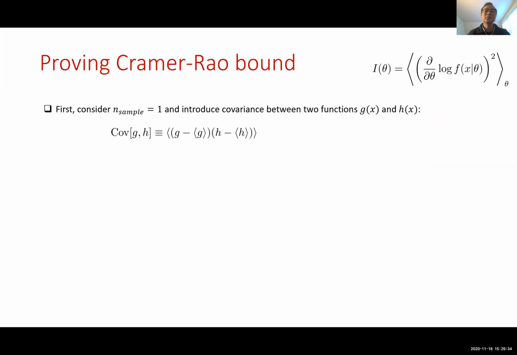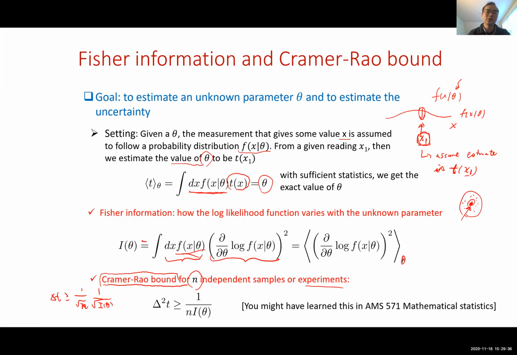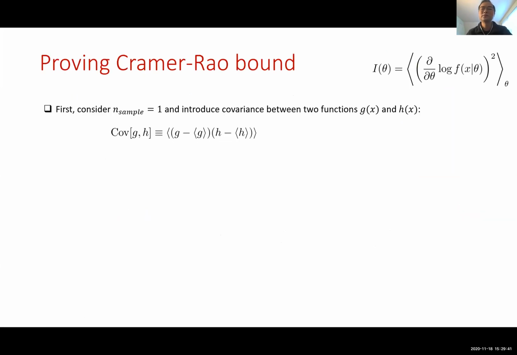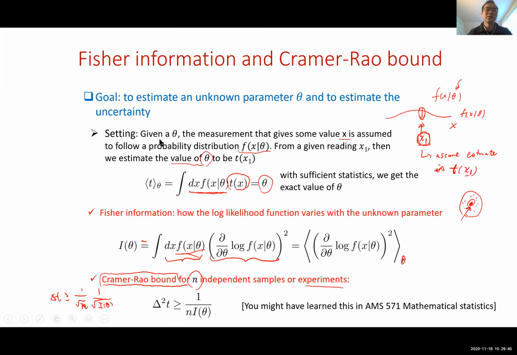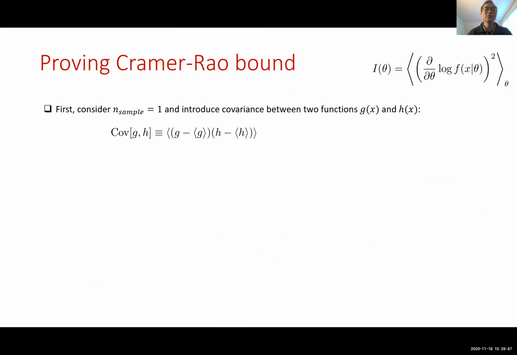I'm giving you the result of that, but I'm going to sketch the proof. Let's just consider there's only one sample, and we want to derive this. How we derive this is to conveniently introduce the so-called covariance between two functions, g and h.